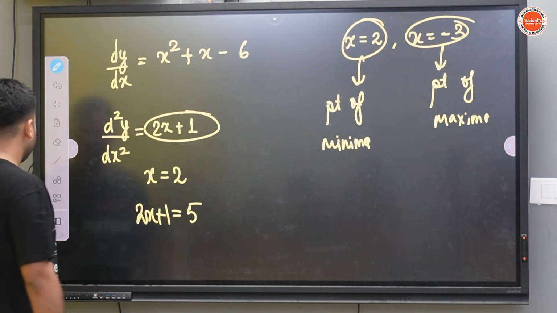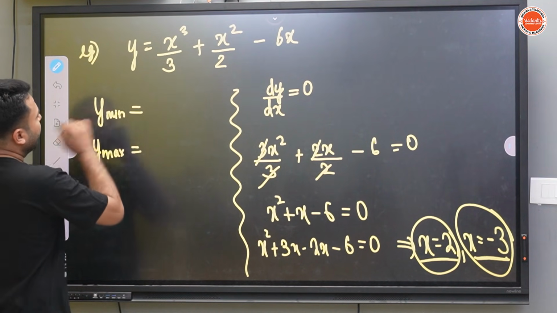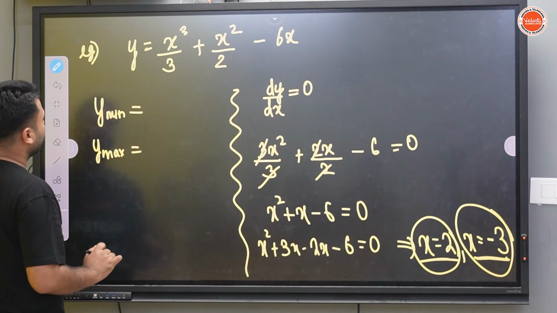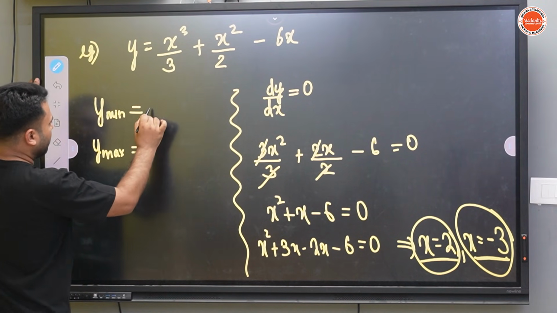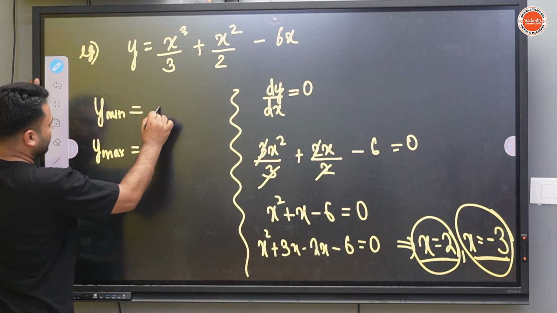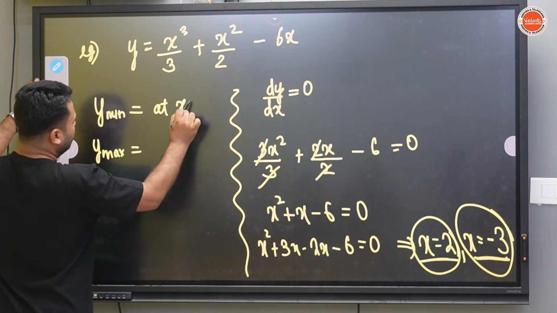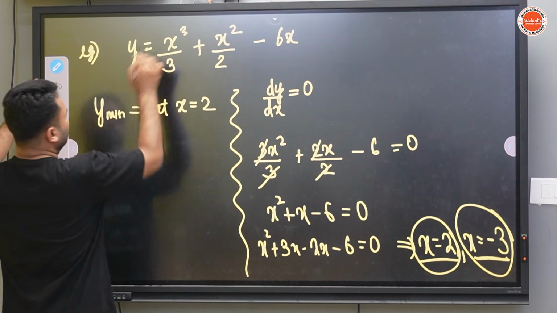Actually, the question was to find the minimum value. The y minima you will get at the x value where you get the minima, which is x equals to 2. Let's solve it. Put x equals to 2.